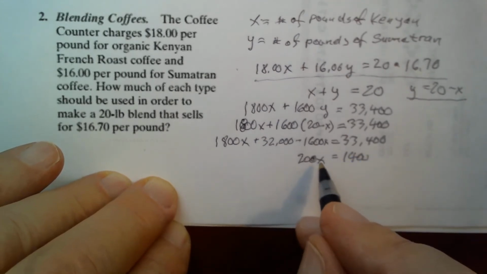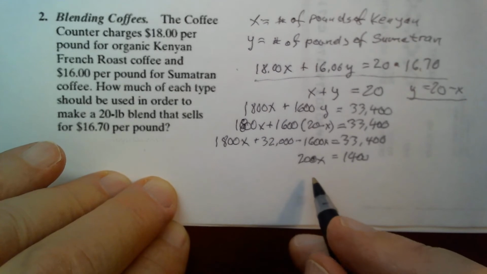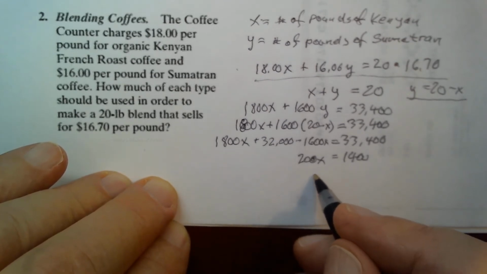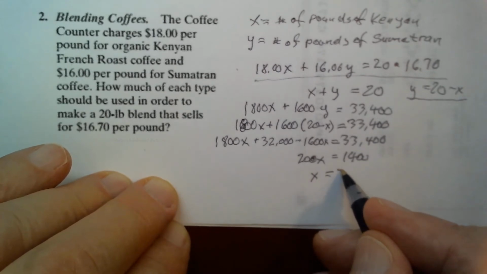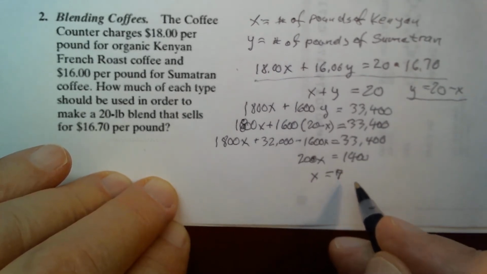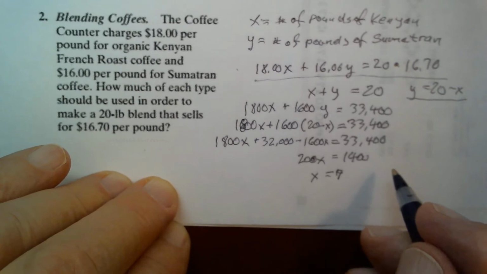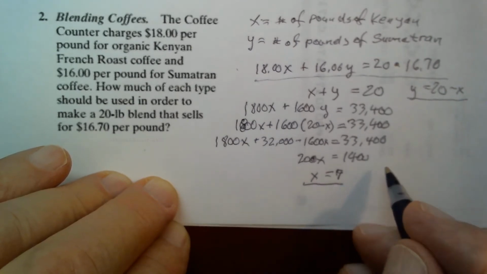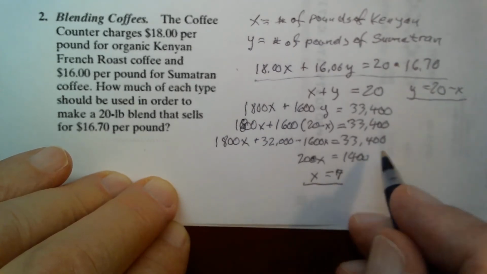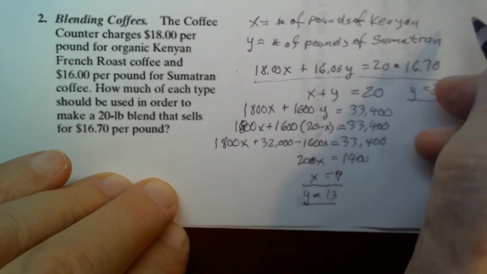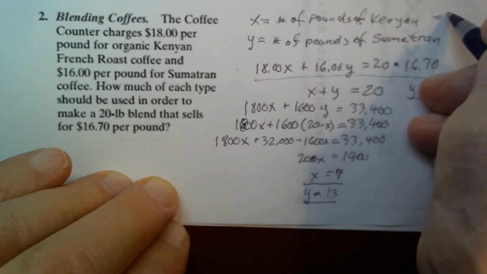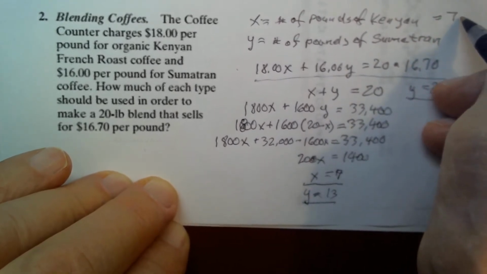Dividing both sides by 200 gives us x equal to 7 pounds. And since y is 20 minus x, y is equal to 20 minus 7, or 13.